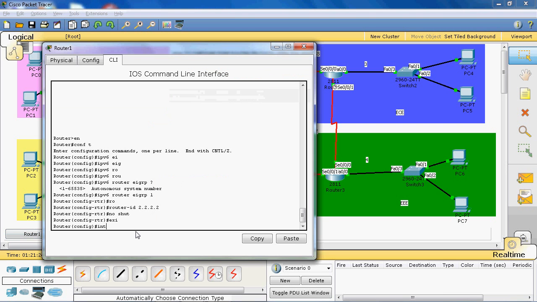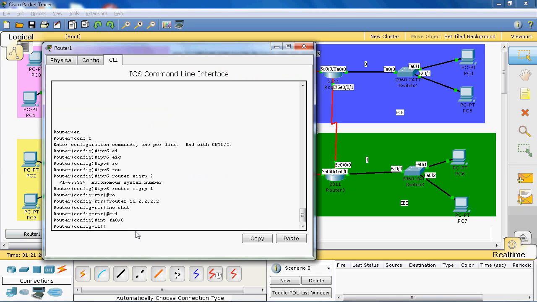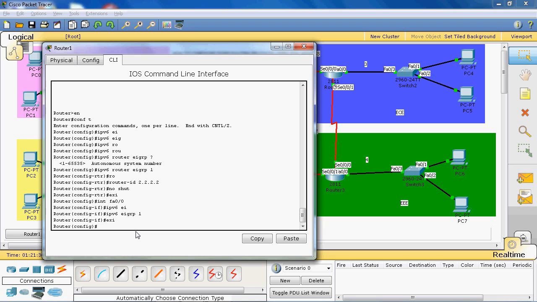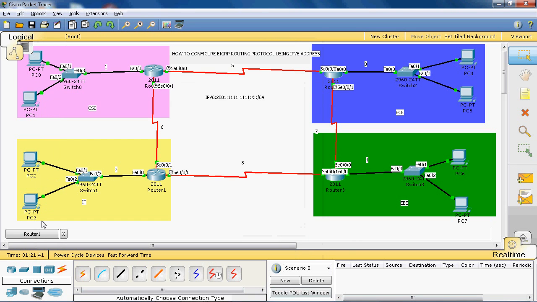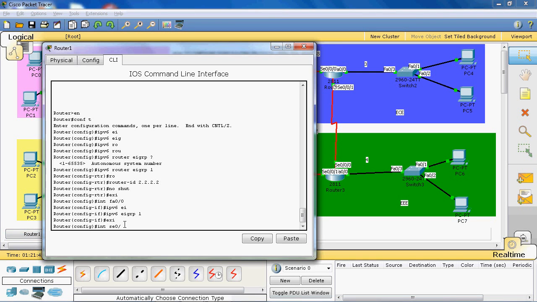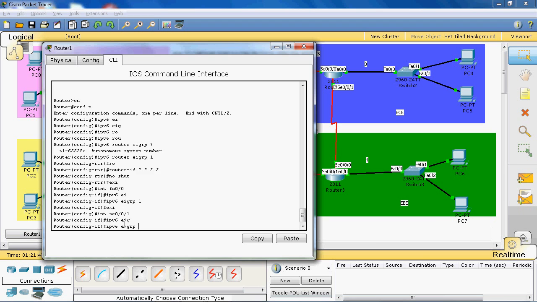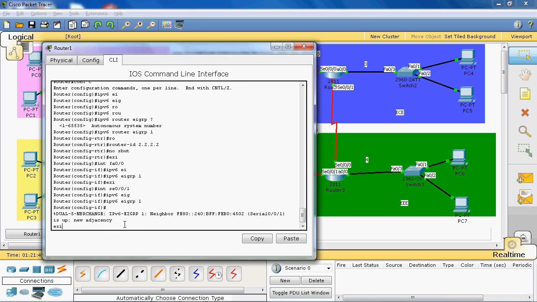Okay, interface FastEthernet 0/0. The syntax for enabling the EIGRP protocol is ipv6 eigrp 1. Exit. Next, interface serial 0/0/1, ipv6 eigrp 1. Exit.